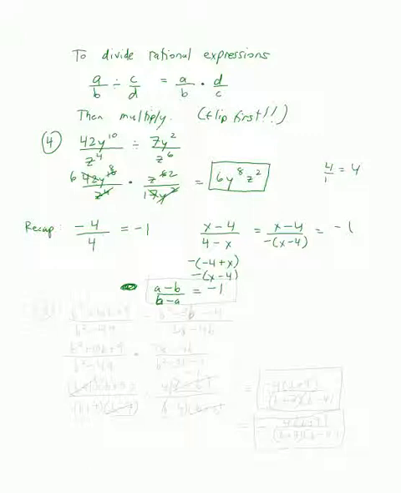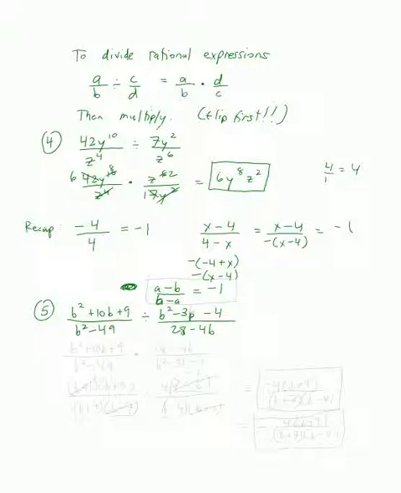Alright, so now that we have that taken care of, I want to do our last example. This will be our toughest one. b squared plus 10b plus 9 over b squared minus 49 divided by b squared minus 3b minus 4 over 28 minus 4b.